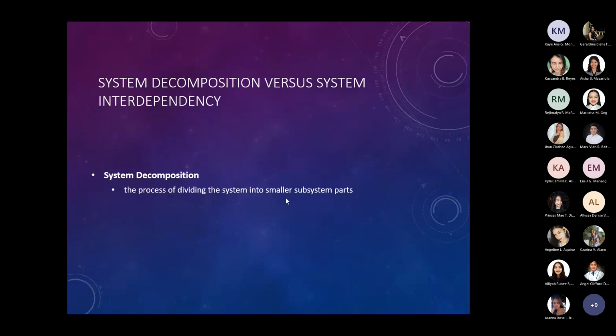Kunyari na lang sales, sales processing, from ordering, delivering, and then collecting. So, sa system decomposition, pwede mo i-divide yung mismong sales system sa magkakaibang sistema depende kung anong klaseng process.